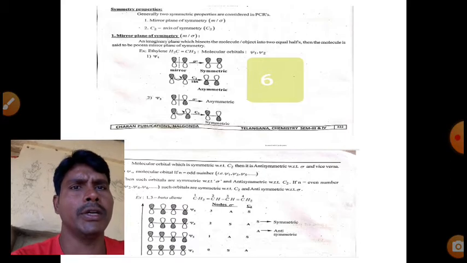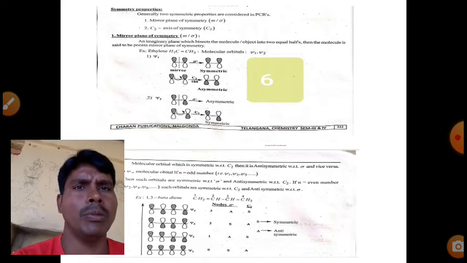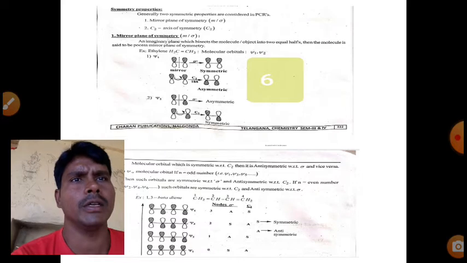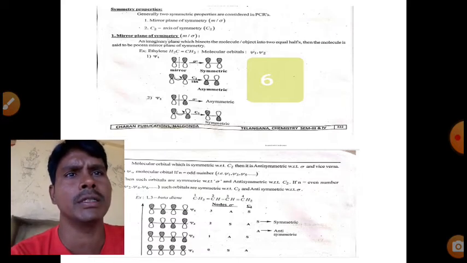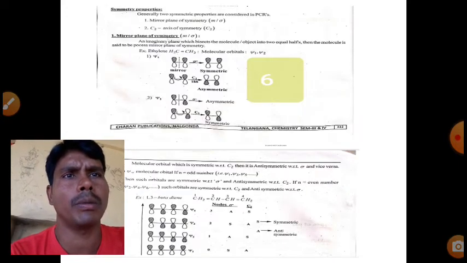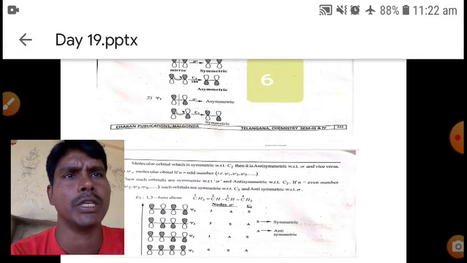Cut the molecule into two equal halves, and those are mirror images. So the plane of symmetry is present, and it is symmetric with respect to sigma.